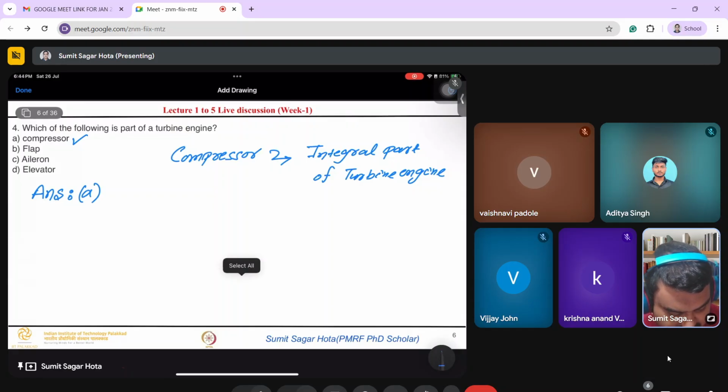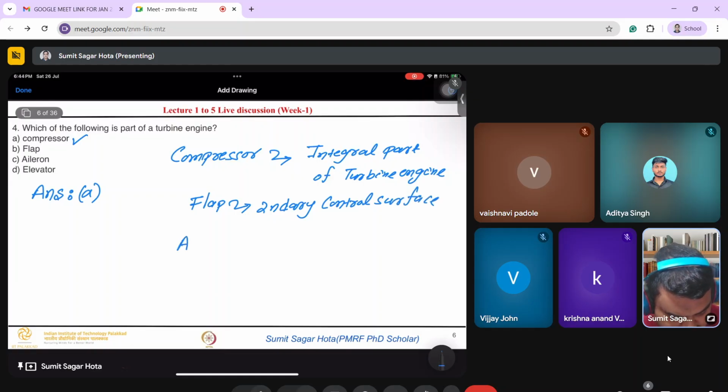And what is a flap? A flap is a secondary control surface. What are the other two things? Aileron and elevator are primary control surfaces of an aircraft.